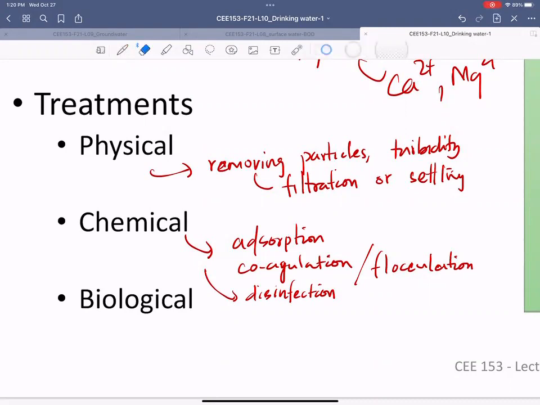So that's using chemicals, the chemical processes. Then the biological process is not very common in drinking water, but it is very important in remote areas where you don't have access to chemicals. You don't really get those expensive chemicals to do the treatments. You rely on biological processes. Basically, you use biofilm to remove pollutants.